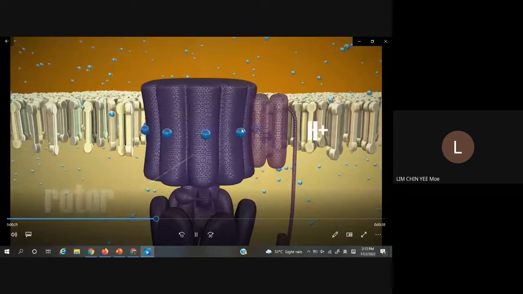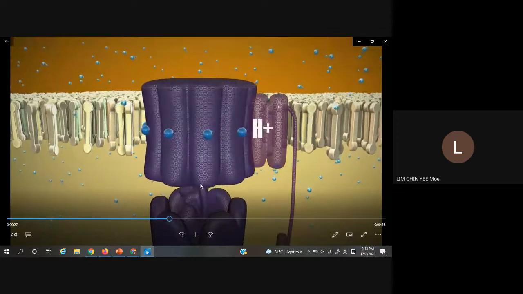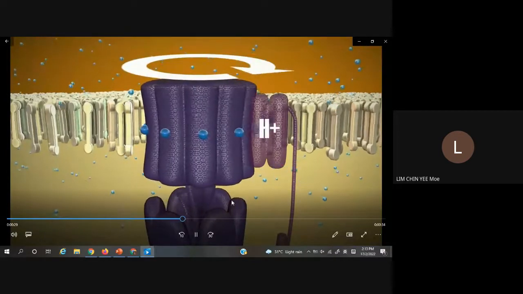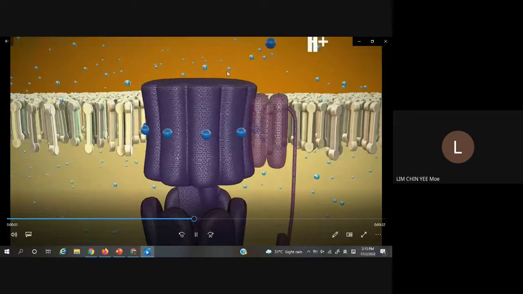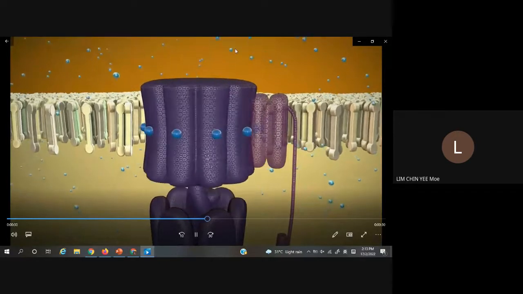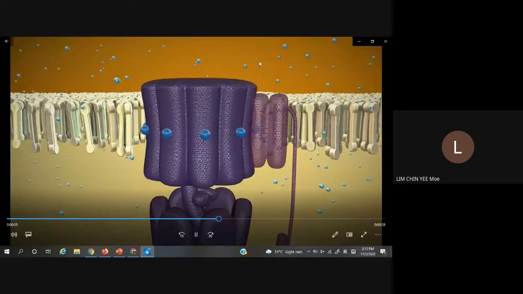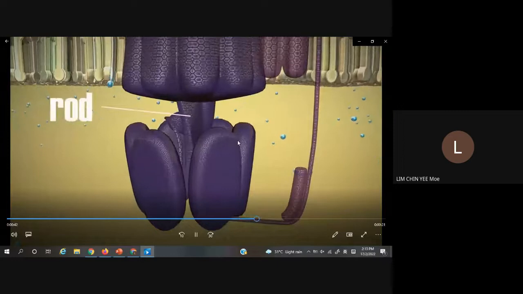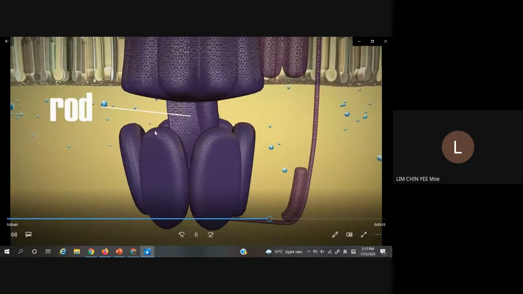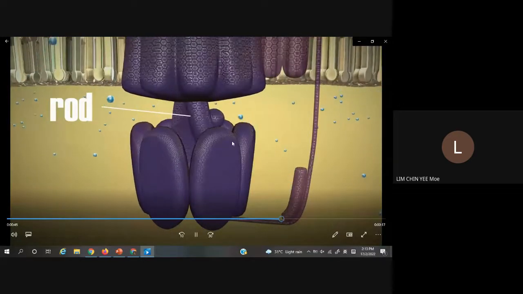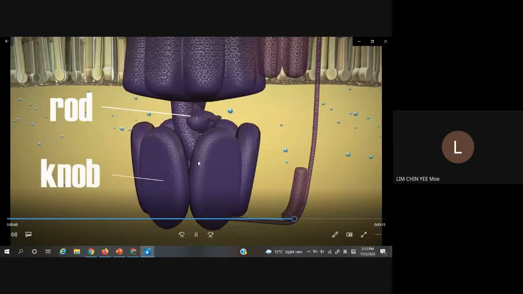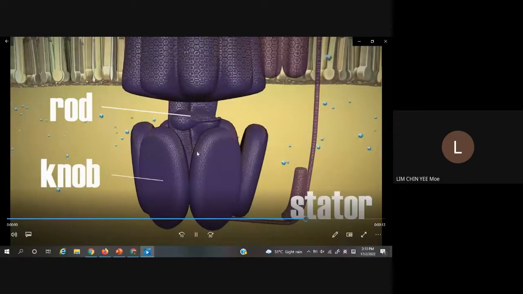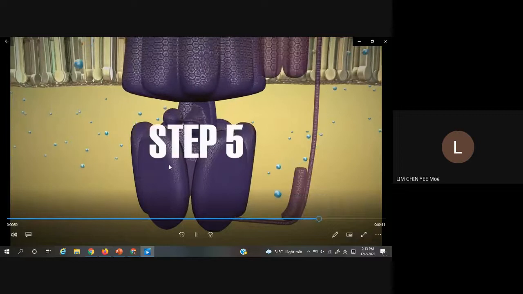And when this rotor rotates, dia akan rotate the knob underneath. So one hydrogen masuk, satu turn. When it turns, dia akan move this knob dekat bawah. So what for? Knob inilah yang dia akan buat ATP. So dekat knob ini, they will have ATP production.